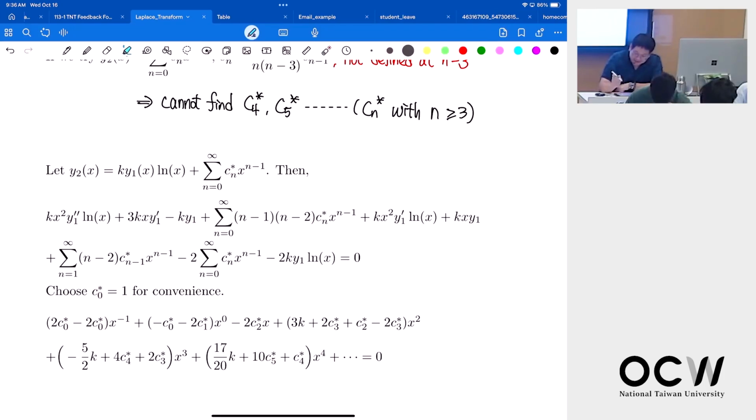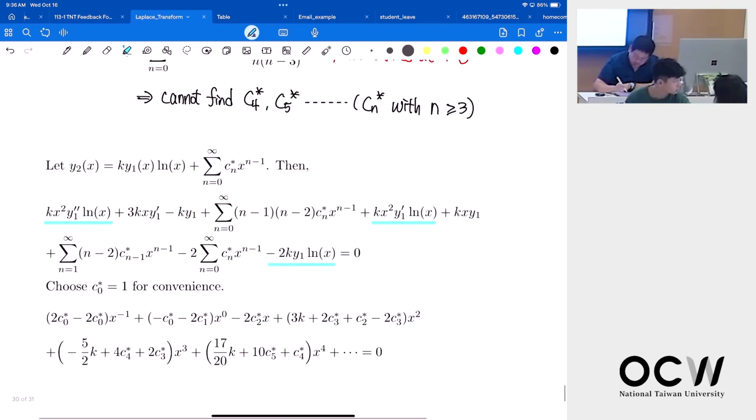So here, the first term, this term, and the last term should add together to be 0, because they satisfy the original differential equation. Why?